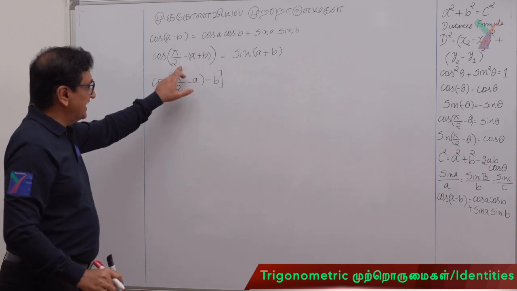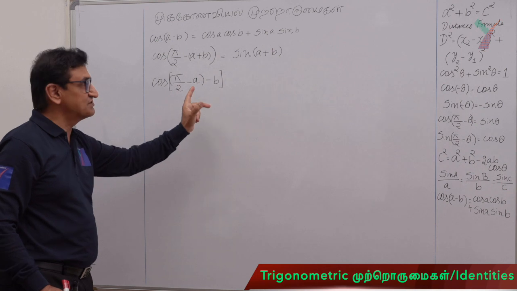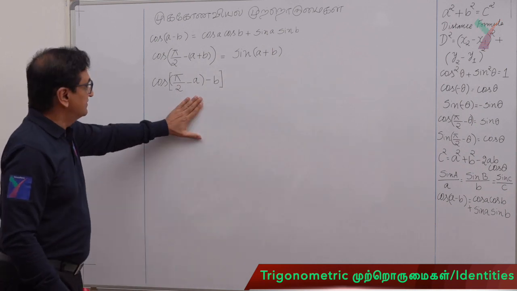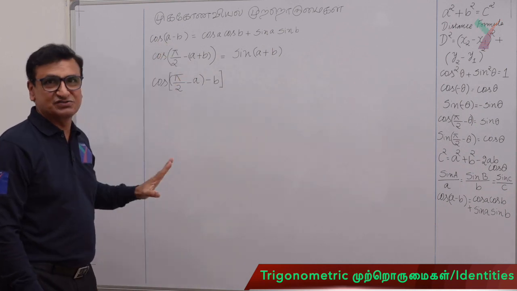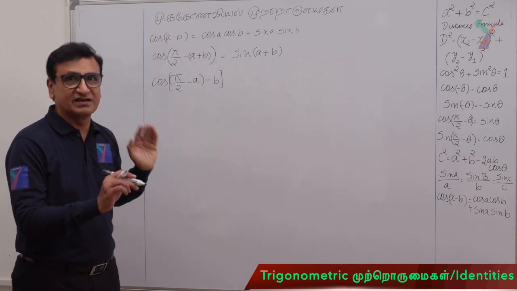Okay, இதே நான் இந்த மாதிரி எழுதிருக்கேன். cos((pi by 2 minus a) minus b), and this is in the same form as cos(a minus b). அதாவது a க்கு பதிலா pi by 2 minus a இருக்கு, b அப்படியே இருக்கு.